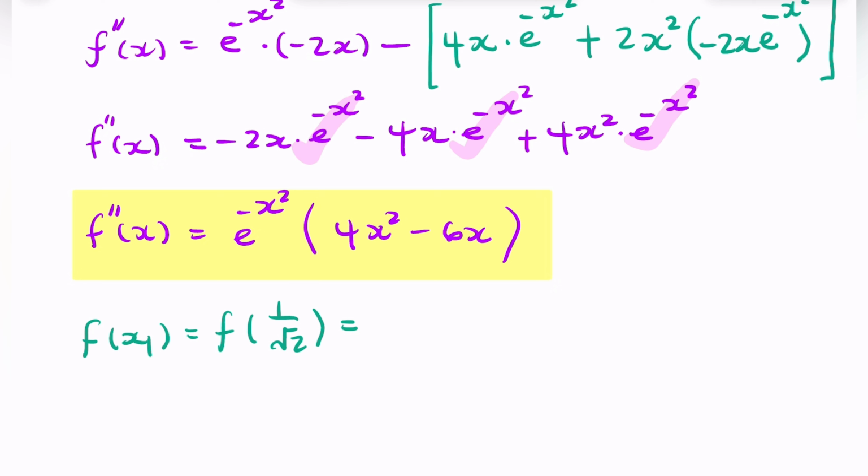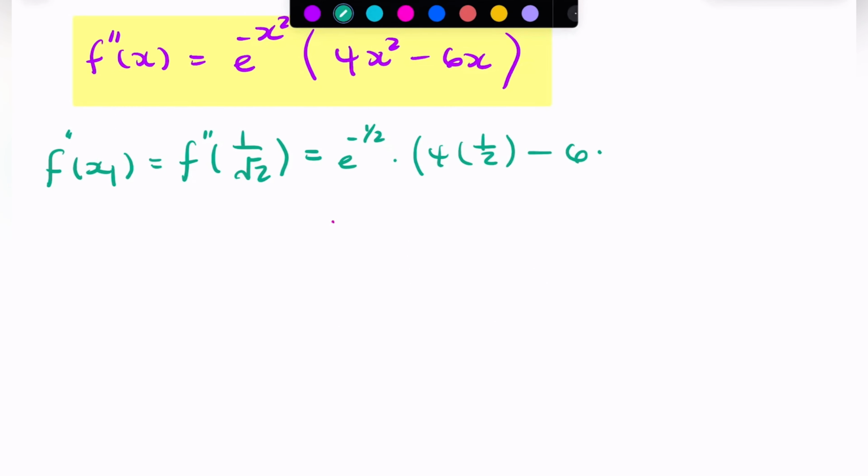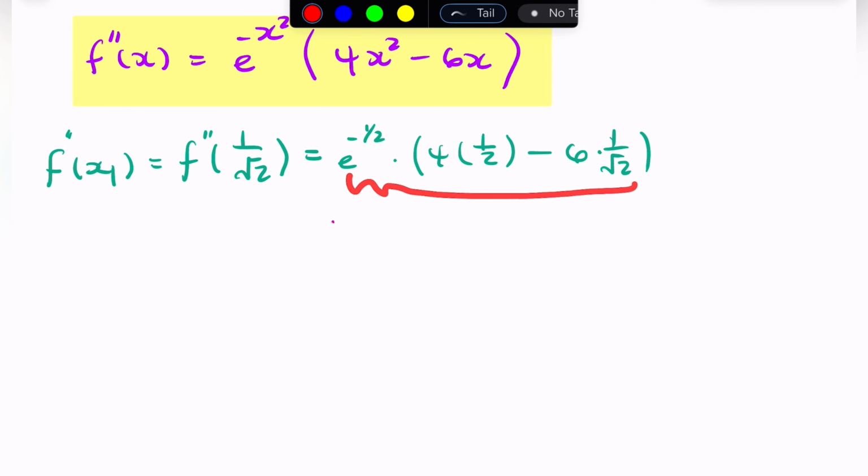So that's going to be e to the minus 1 over 2, which is positive, times 4 times 1 over 2, which is 2, minus 6 times 1 over root 2. And if you put that in your calculator, you're going to get a negative answer.